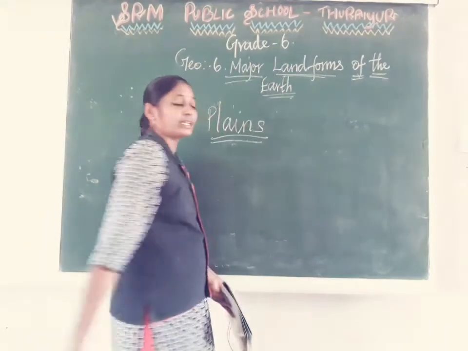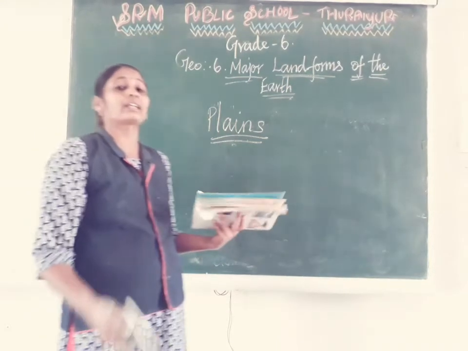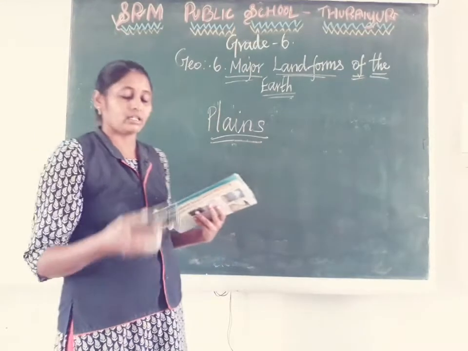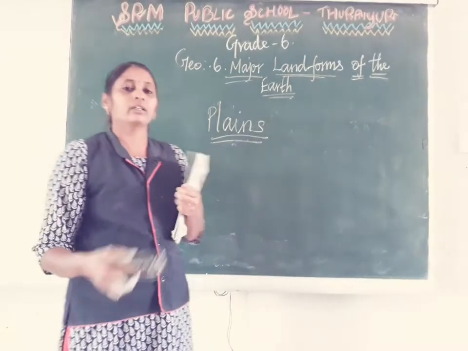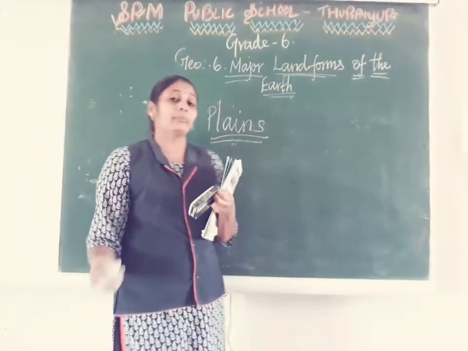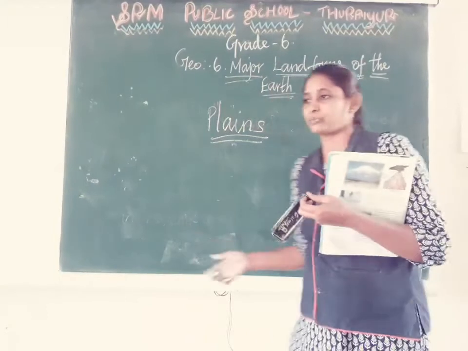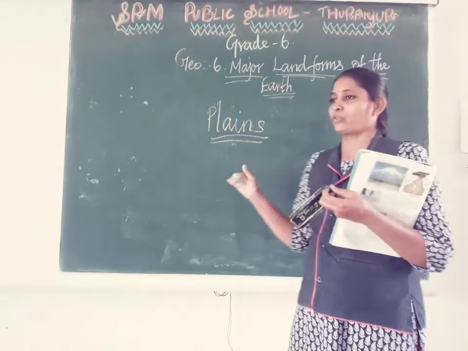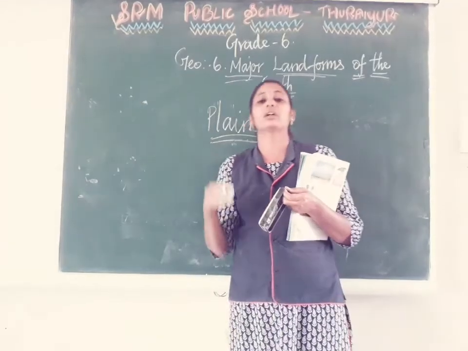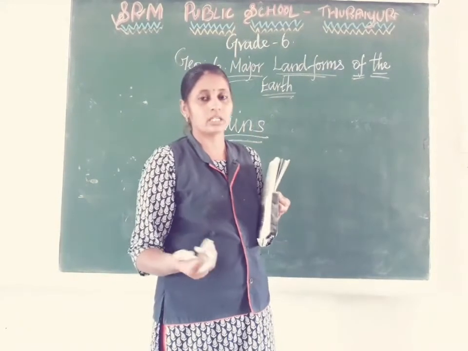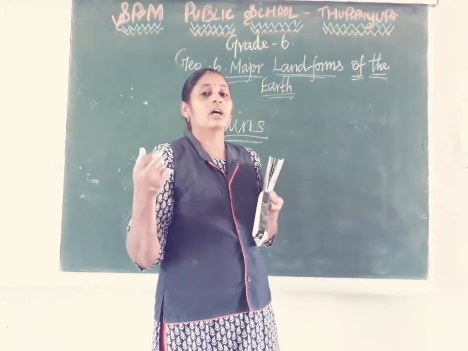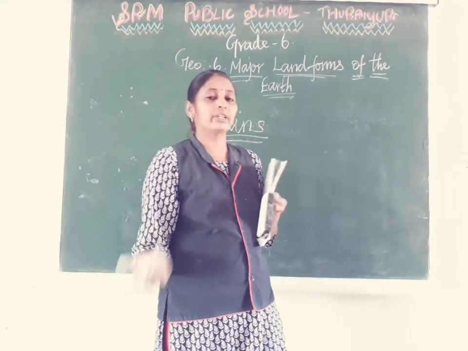Plains are very suitable and fertile for agricultural activity. Throughout the world, the densely populated areas are the plain regions. Why? Because plains are very good for constructing transport facilities, houses, and for doing agriculture.